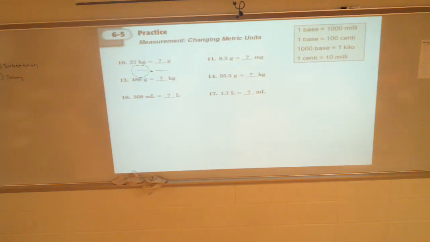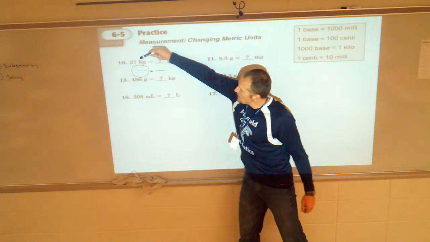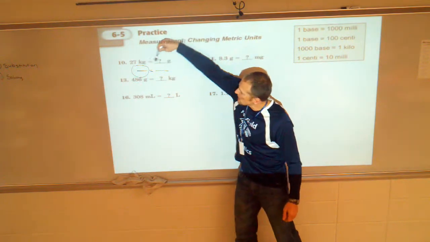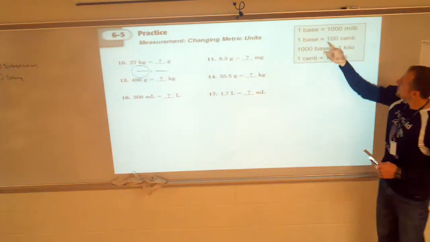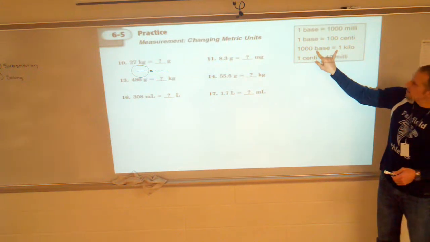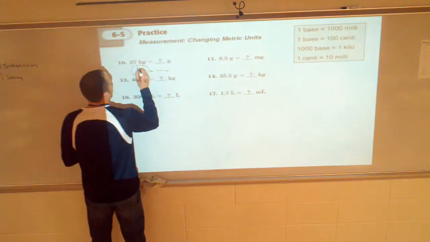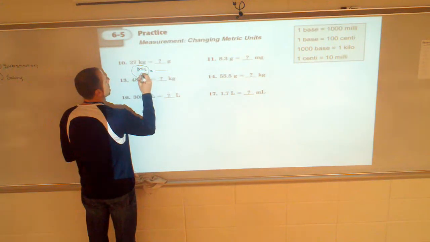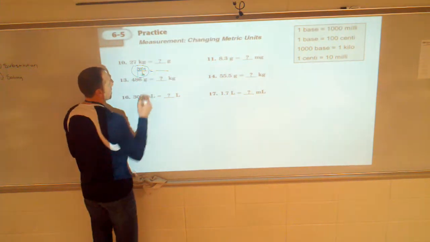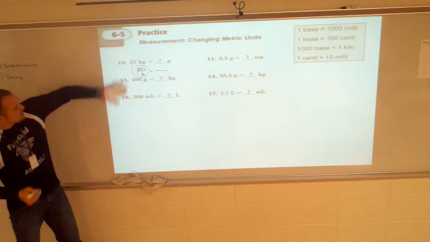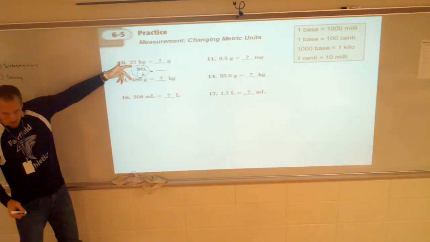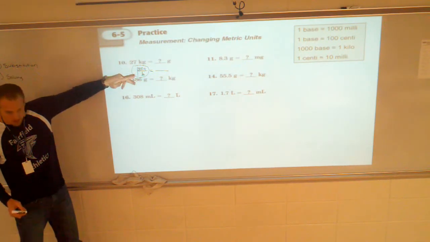Do the conversion between kilo and base, kilograms and grams. Right here, 1,000 base, 1 kilo. So I've got 1,000 grams and 1 kilogram. Now, you could have had yours the other way. You could have had 1 kilogram on top, 1,000 grams on the bottom.